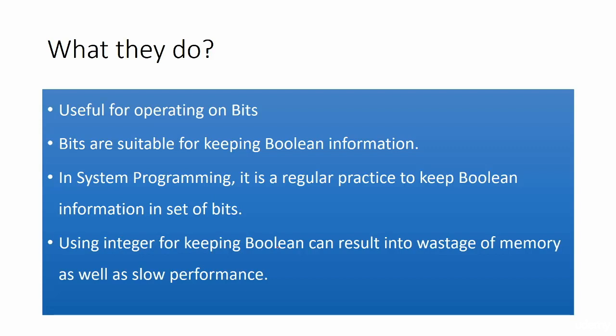Using an integer for keeping a Boolean can result in wastage of memory because a single integer storing a single 1 is actually using 32 bits, whereas a single bit is sufficient to store a 1 or a 0. And that also is going to slow down the performance of the program because while comparing an integer with another, we'll actually compare 32 bits with other 32 bits.